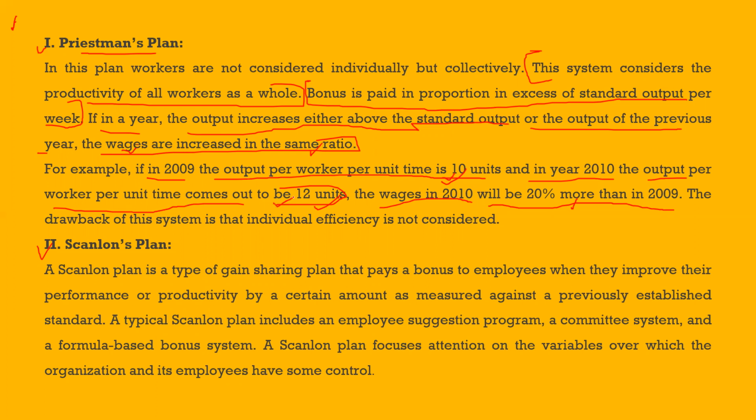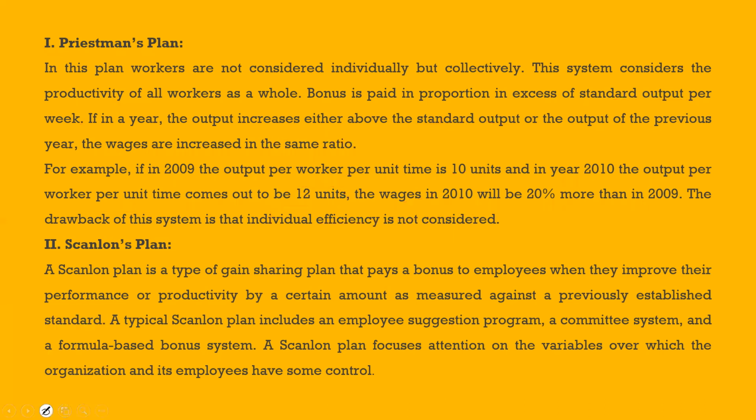In 2010, it became 12 units per worker. So here they have increased 20% of their output, which means 20% of their wages will also be increased. The drawback of this system is that individual efficiency is not considered. Yes, obviously, in the previous plans which I have explained, individual efficiency is considered. Here, these are group incentive plans, so individual efficiency is not considered.